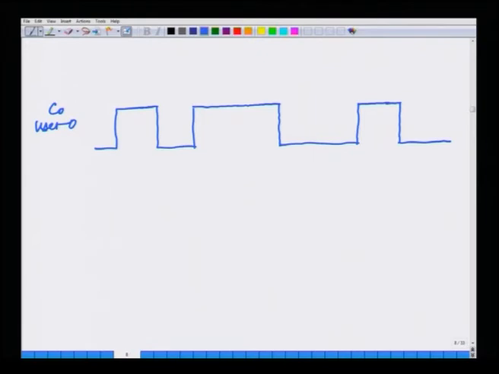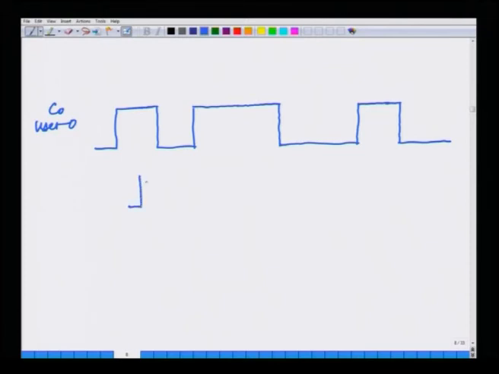Now, let us consider an asynchronous situation. The code sequence 1 of user 1 is slightly delayed with respect to user 0. Let me illustrate it a little more clearly.